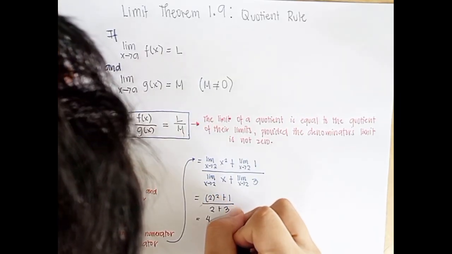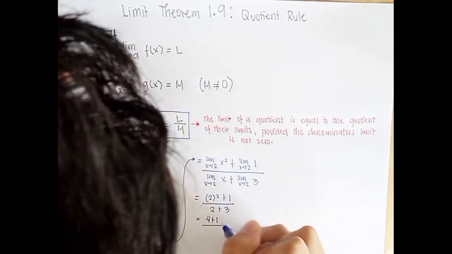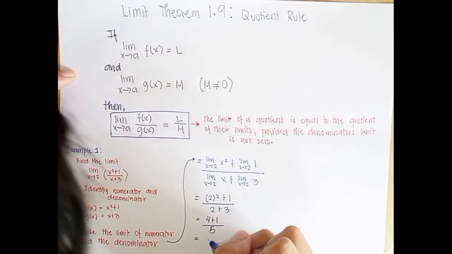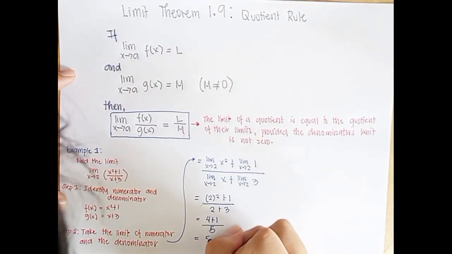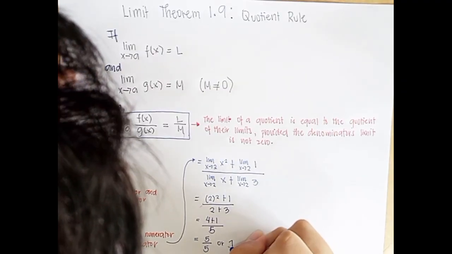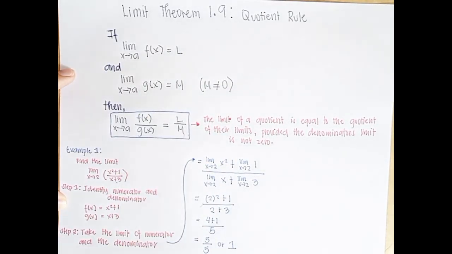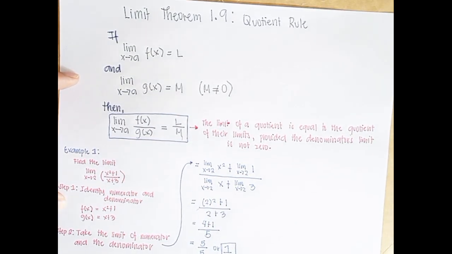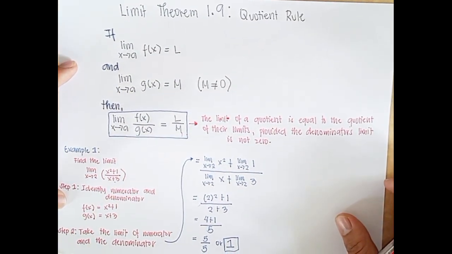So therefore, we have to simplify this. 2 squared is simply 4, plus 1, over 2 plus 3, which is equal to 5. Simplifying the numerator, 4 plus 1 is equal to 5, over 5. 5 divided by 5 is simply 1.